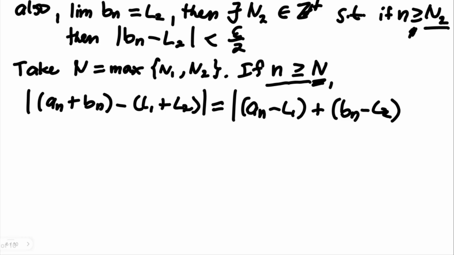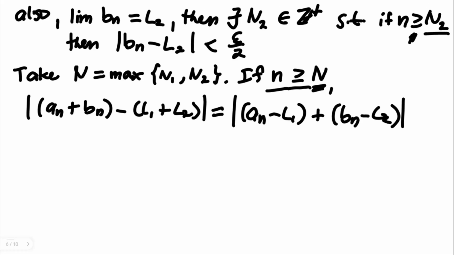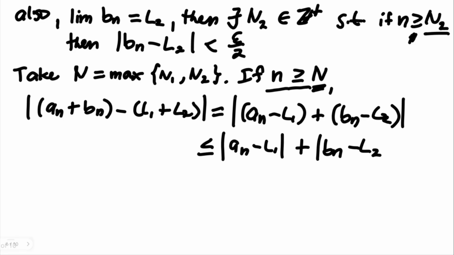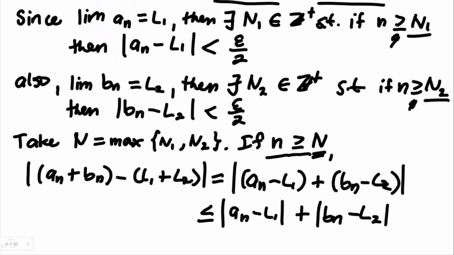Okay, so we have here the absolute value of the sum. According to the triangle inequality, this is less than or equal to the sum of the individual absolute values. Now take note that we have shown here that the absolute value of a sub n minus L sub 1 is less than epsilon over 2. This is also true here.